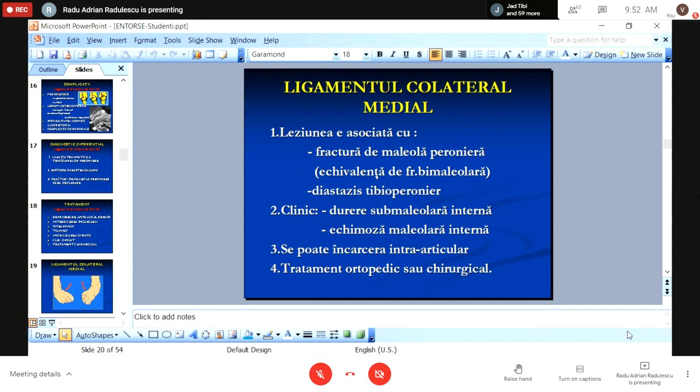So if the free end of the ligament, after it was detached from the lateral aspect of the calcaneus, may go into the joint, that's why in these situations we need to operate the patient to take out that end of the ligament from the joint and put it back in the place where it's detached from.